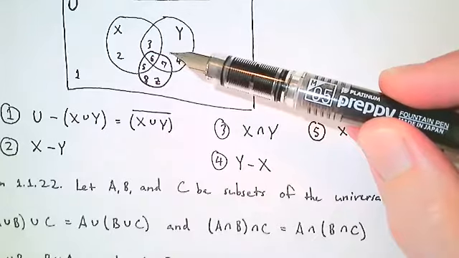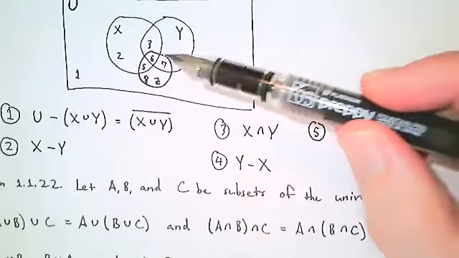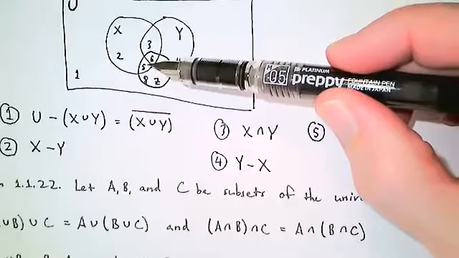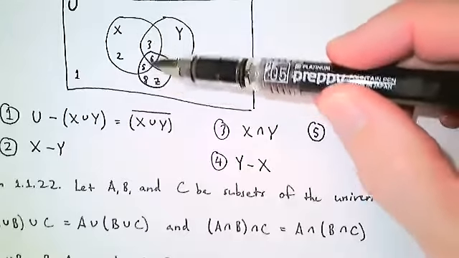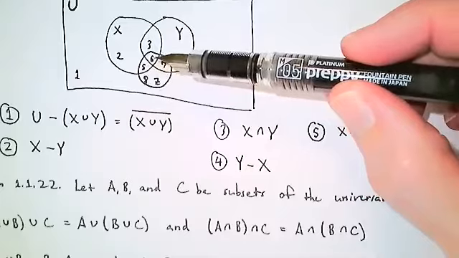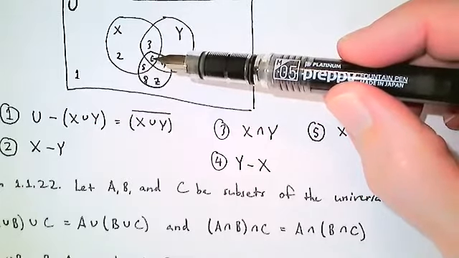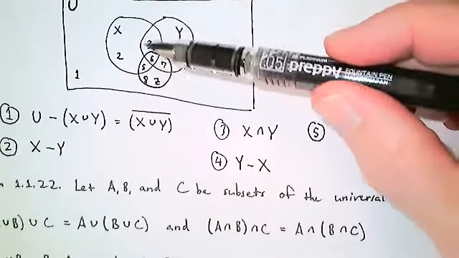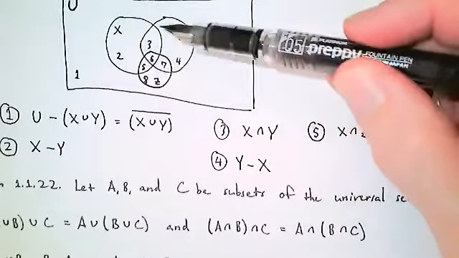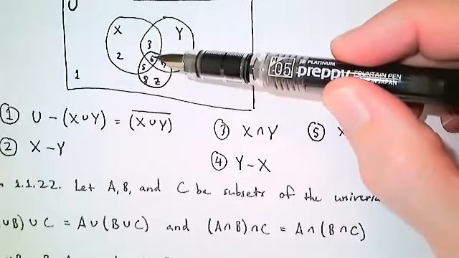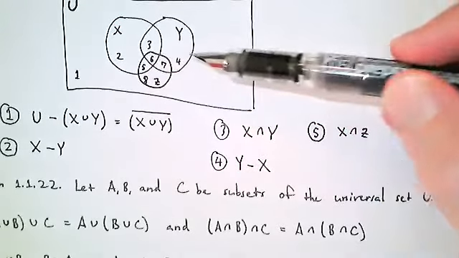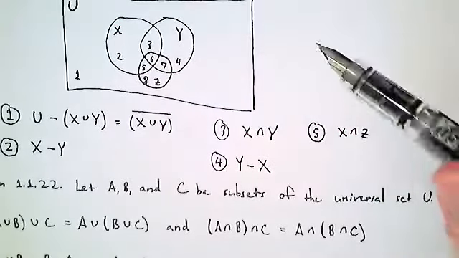I don't think it does capture the full picture. So the problem is actually that the intersection of Z and X would be both of these regions, 5 and 6, because you can see all of these elements here are in both of these sets, right? The circle and the circle. So we have to get rid of this somehow. Do you see a way that you might do it?